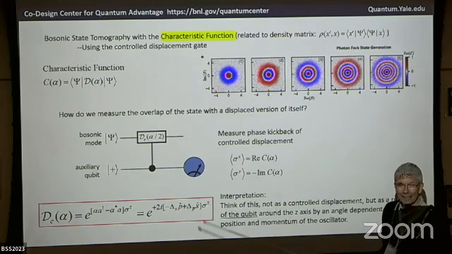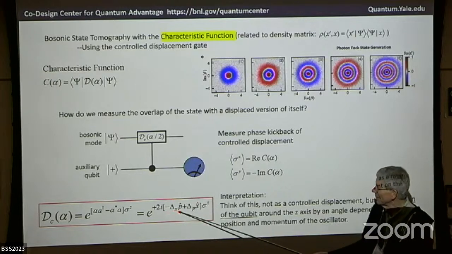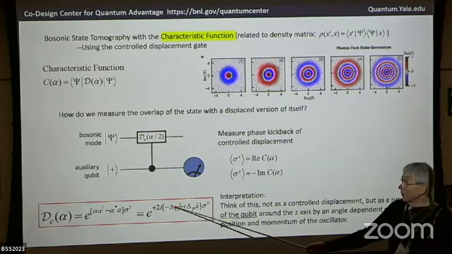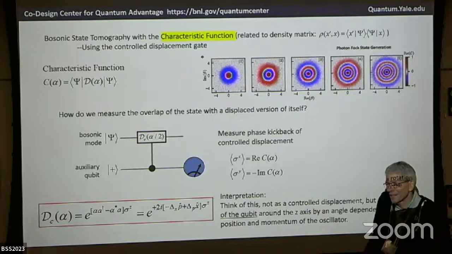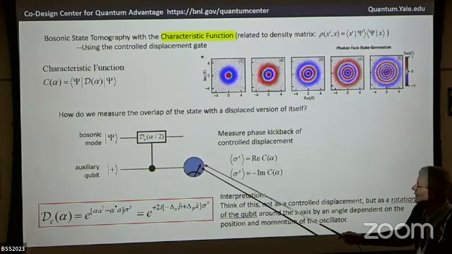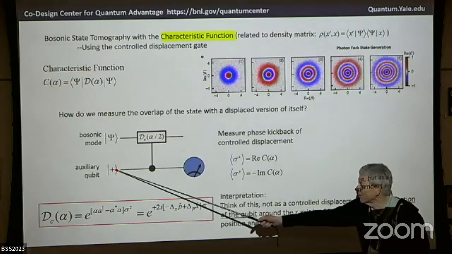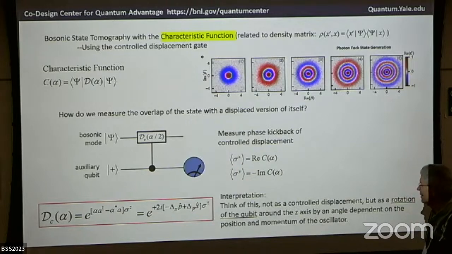The cavity is actually acting on the qubit, and the amount of rotation depends on where you are in phase space. So that's some way to understand this phase kickback that rotates you away from the x direction towards the y direction and gives you these quantities.